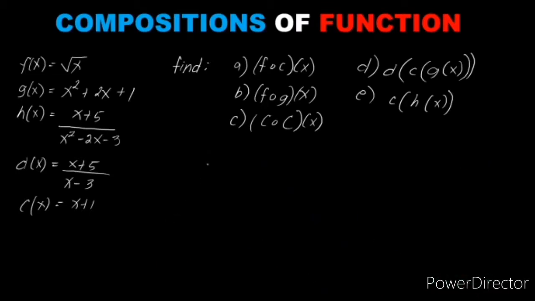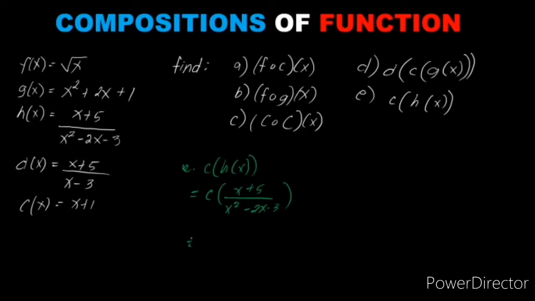Yung last natin ay ang letter E, which is C composition of h of x or C of h of x. Ayan. That's simply equal to, unahin natin yung h of x, which is x plus 5 all over x squared minus 2x minus 3.